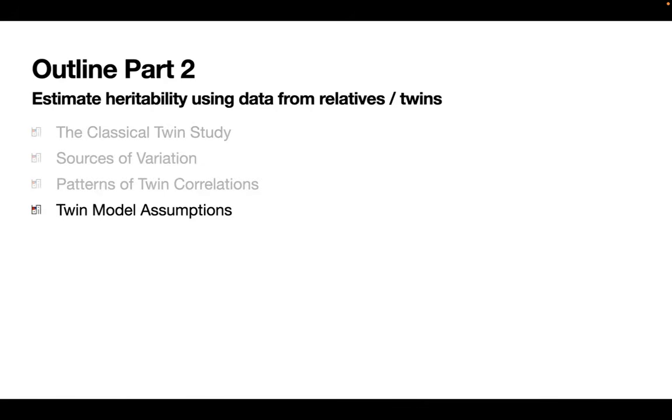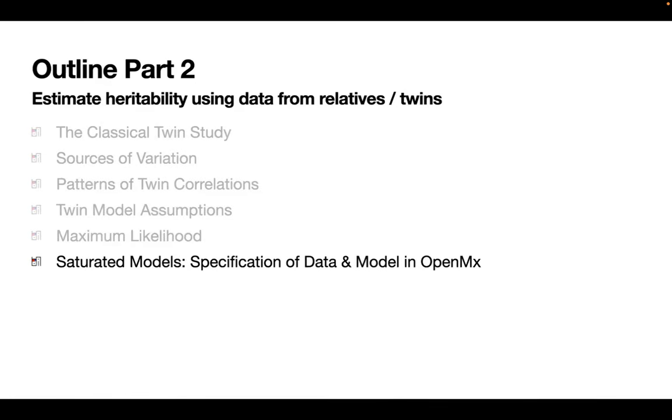We'll also discuss some of the twin model assumptions, in particular the assumptions about the data. We will then introduce the concept of maximum likelihood, which we'll use when comparing alternative models, and then introduce how to fit saturated models to test some of the data assumptions made in the classical twin study.